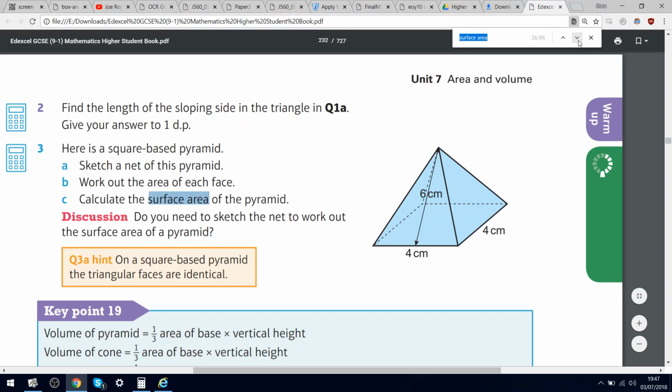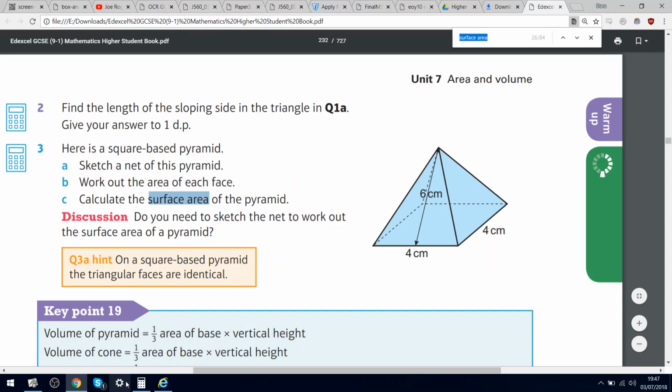And why do you do 6 times 4? Because, what shape is it? It might not be a great diagram, but basically the perpendicular height is 6.